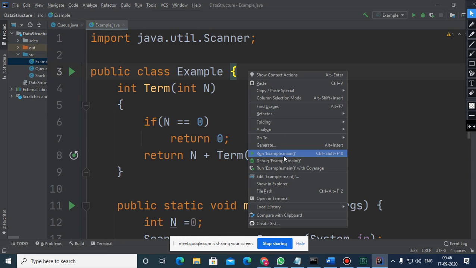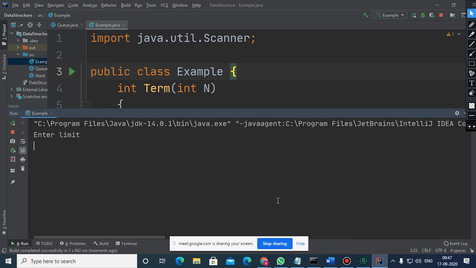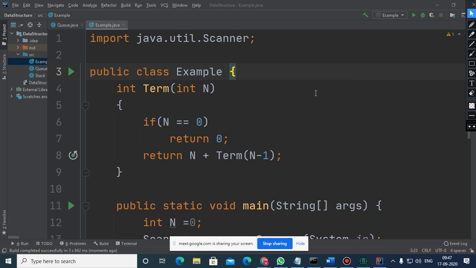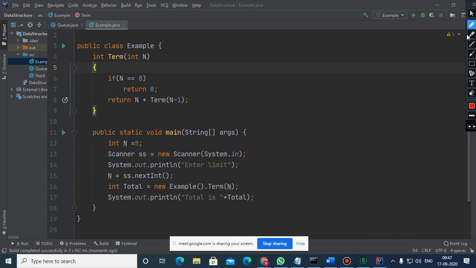So children, if you execute this code and suppose you are passing 5, the sum will be 15. And how is it coming? See, here you have passed 5 and it will receive 5, and this n is not 0, so the base case is not true.